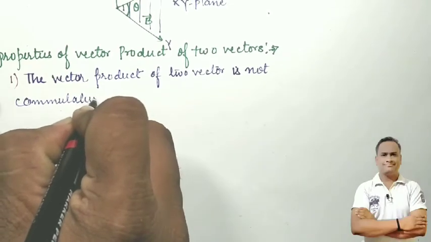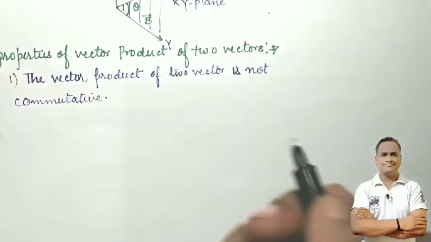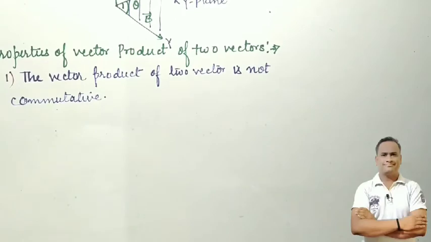What does this statement say? It says that when we take the product of two vectors, it is not commutative in nature.